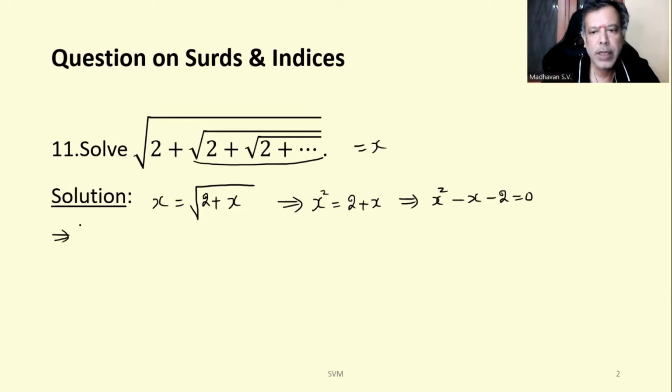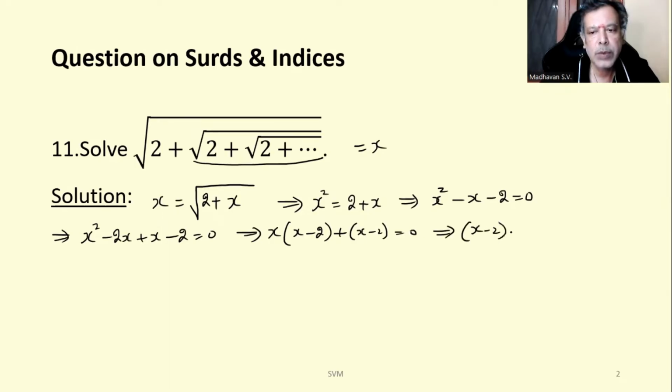Now, this we can think about factorizing. We will get minus 2 plus 1. So x square minus 2x plus x minus 2 equal to 0. Now in the first two terms, common is x. So we can write x minus 2. This is also x minus 2 equal to 0, which means now common is x minus 2 times x plus 1 equal to 0.